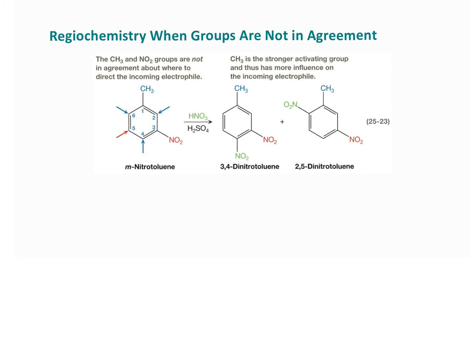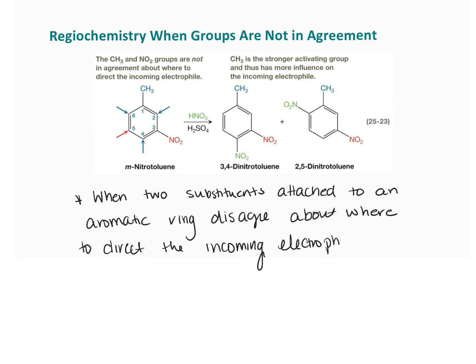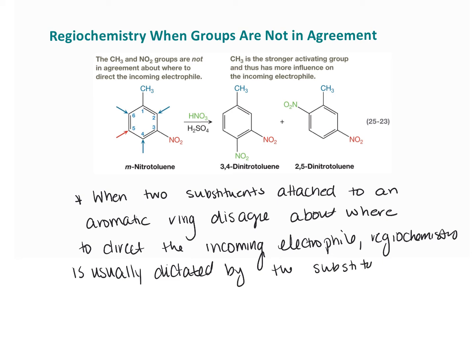A really helpful rule would be that when two substituents attached to an aromatic ring disagree about where to direct the incoming electrophile, regiochemistry is usually dictated by the substituent that is the stronger activating group.